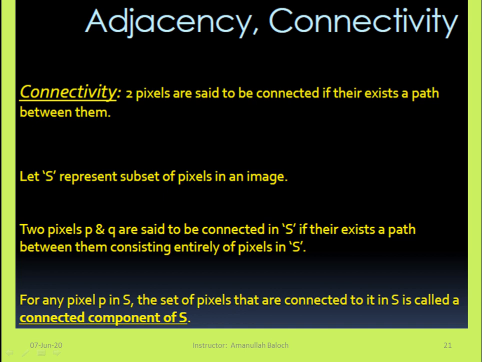For any pixel P in S, the set of pixels that are connected to it in S is called a connected component of S. We will understand the concept of connectivity in the next few slides.